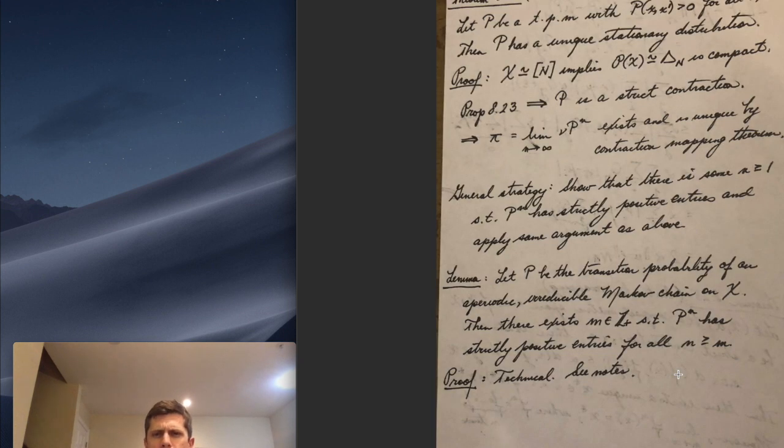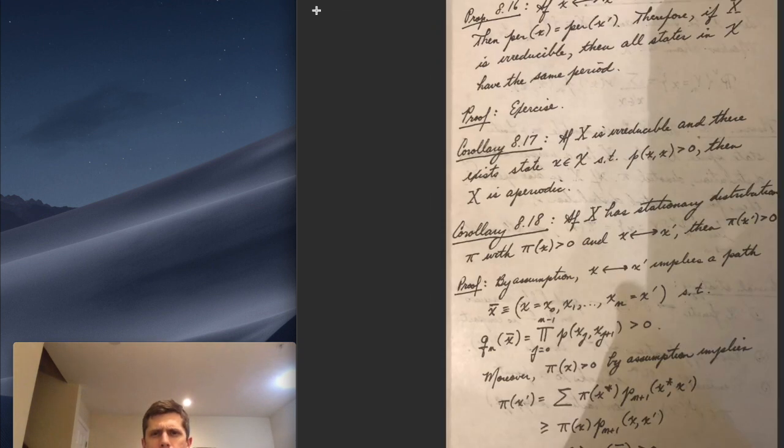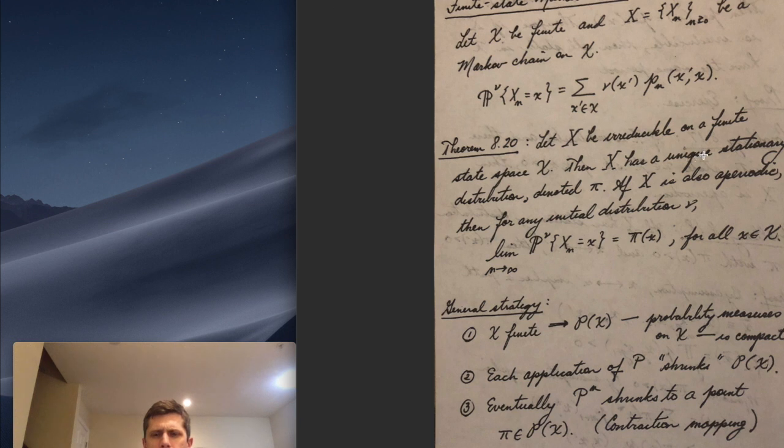And that unique fixed point is the stationary distribution. And so just to summarize this here, and then we'll finish for today for this lecture. This is a weaker version of the main theorem. So remember, the main theorem was saying that a unique stationary distribution exists for any irreducible Markov chain on a finite state space.